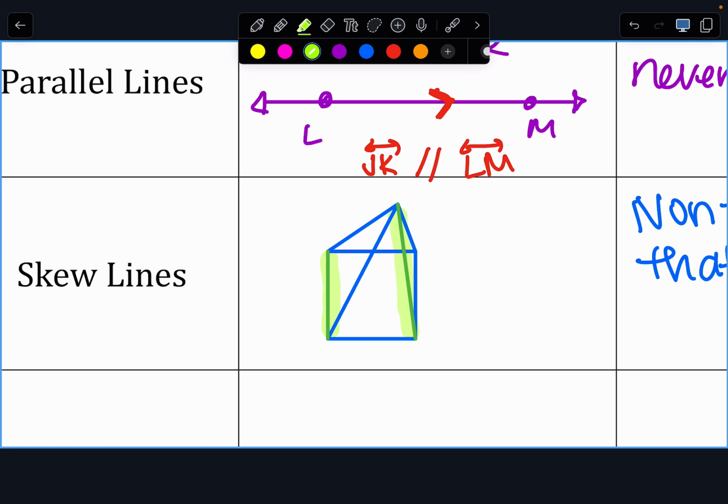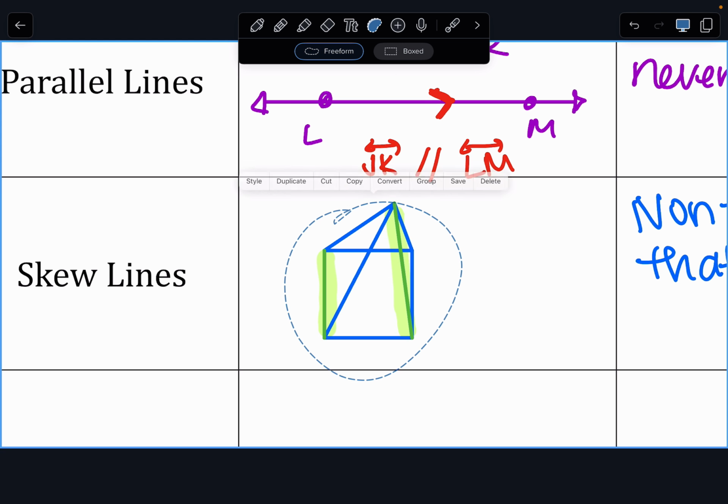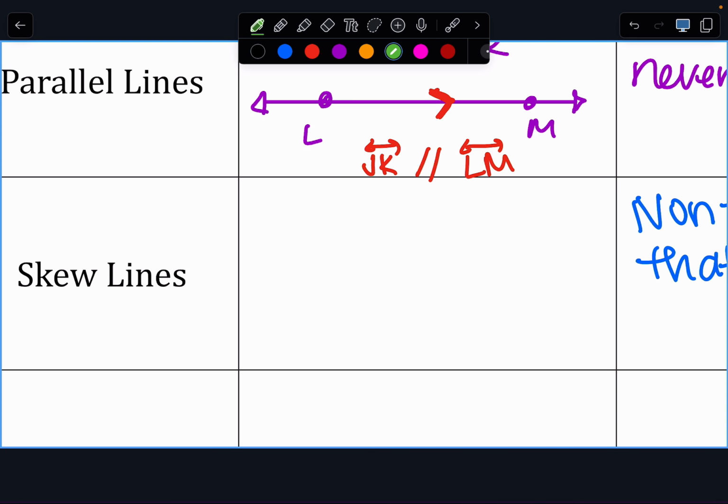I feel like it would have been easier with a cube. With a cube? You want me to draw a cube instead? I was trying to avoid the cube because our example's a cube. But you draw 2 squares, and then you connect the parts. It's easier.